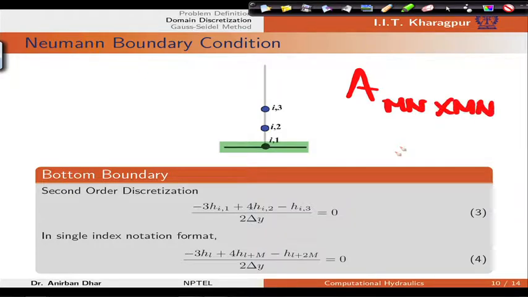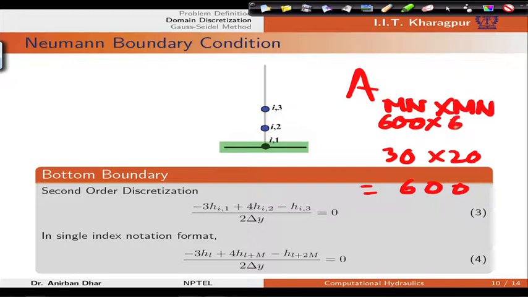Let us say that we have 30 nodes on x direction and 20 nodes on y direction. Obviously this will be 600. So we need to store this 600 into 600 elements in this A.